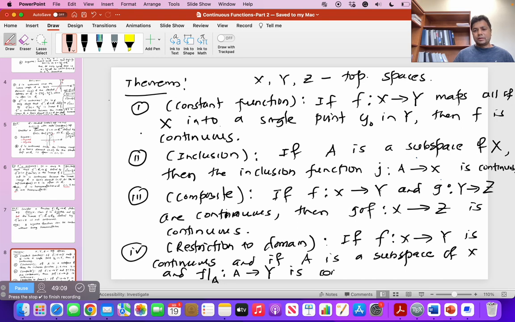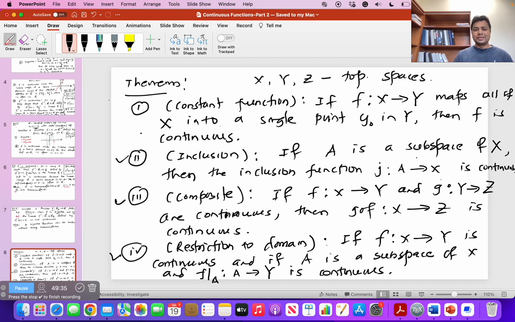So this is another way of constructing a continuous function. If you restrict the domain of a continuous function, the resulting function is going to be continuous. If you take the composition of two continuous functions, you can construct a new continuous function.